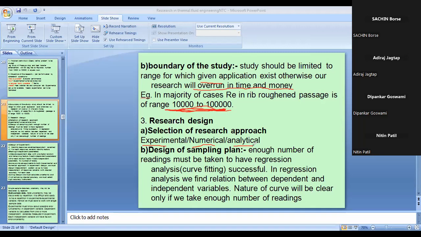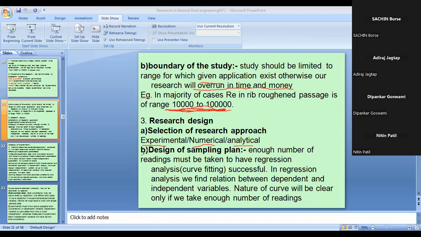Please understand, nowadays people not only rely on one approach. Like if they are doing the experimental, a few work they will do for numerical. If they are doing numerical, they will do a few work for experimental. So it is a combination. Okay. Nowadays, no one is using one single approach. Okay. So you have to use combinations.